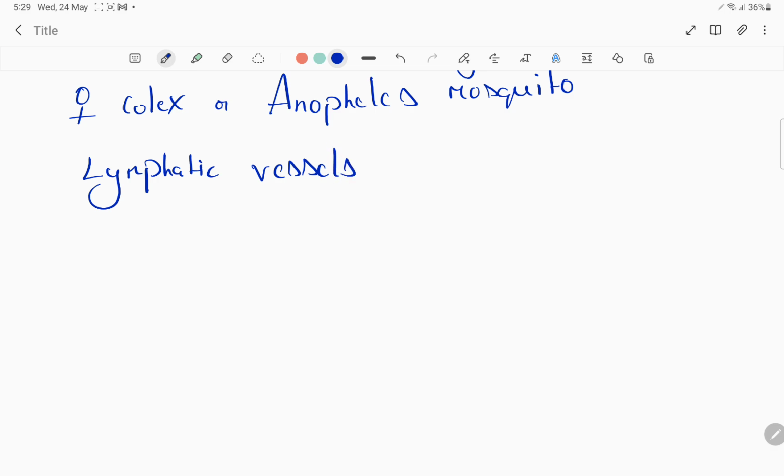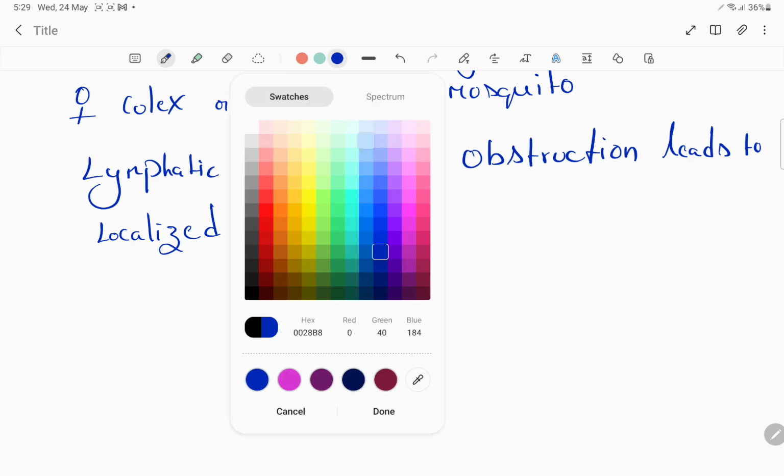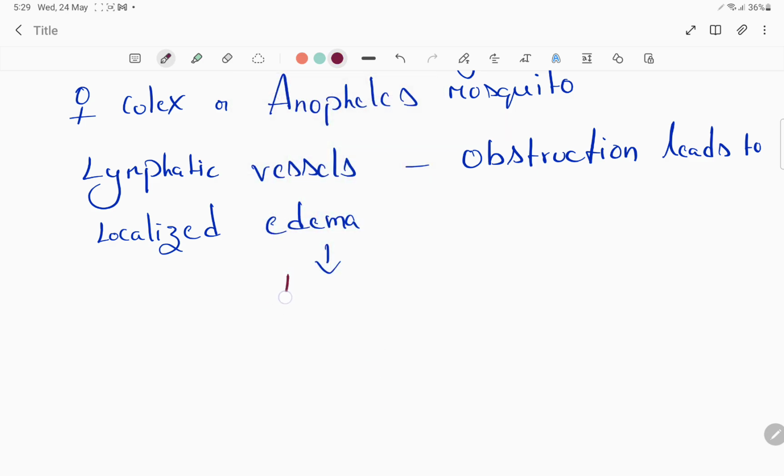The obstruction leads to localized edema, usually affecting the legs, arms, genitalia, and breast.